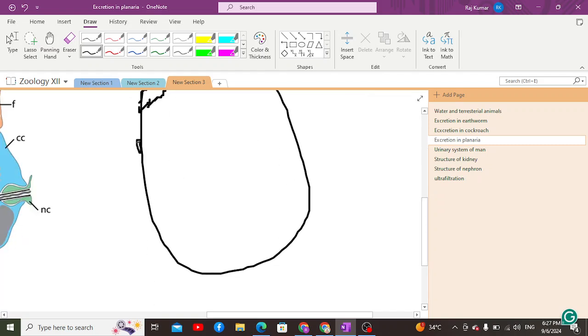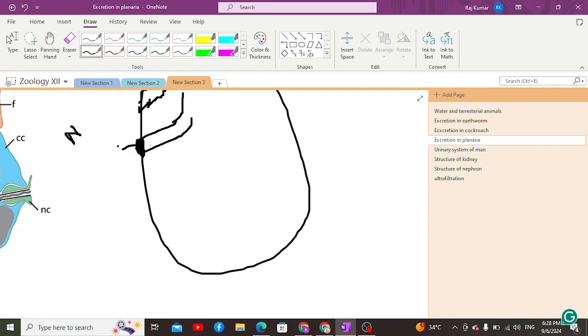Of course, it's difficult to draw the structure since it's all virtual, so I'm just trying to draw an imaginary structure over here. The blindly ending tubules are closed at one end, and on the other end there is a slit-like opening known as the nephridiopore.